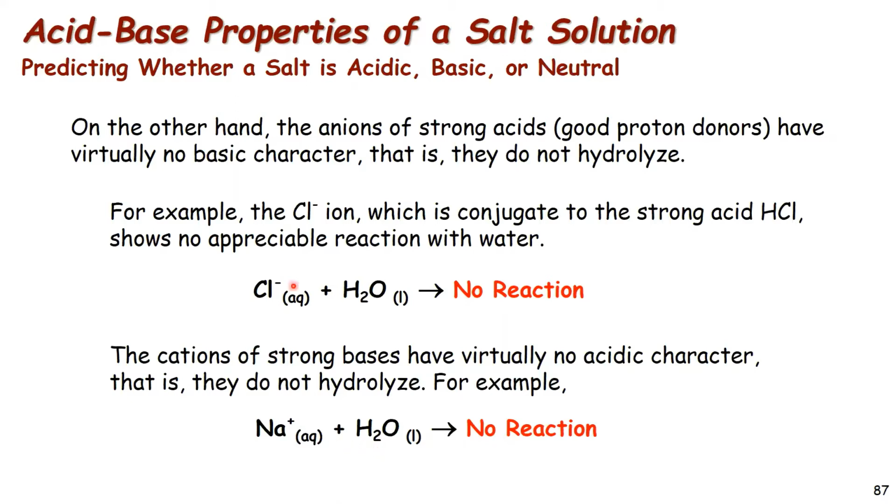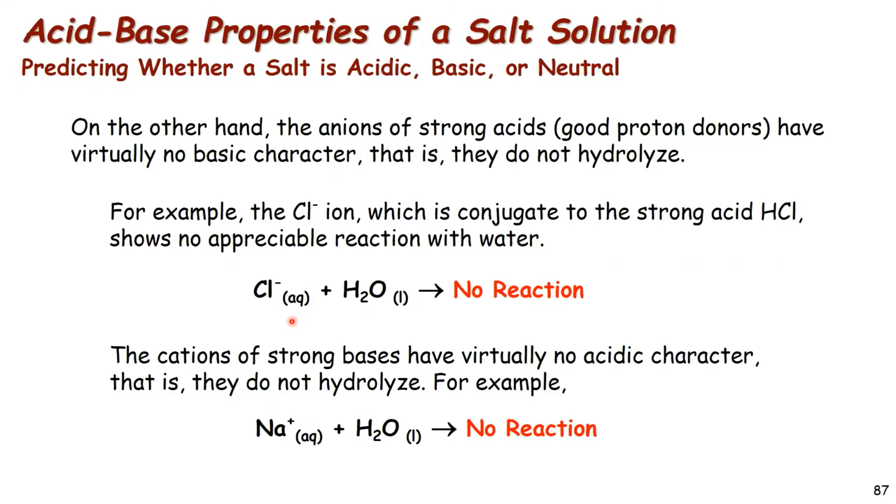So there's only 6 anions that won't hydrolyze: the chloride ion, the bromide ion, the iodide ion, the nitrate ion, the perchlorate ion, and the hydrogen sulfate ion. So those are the only 6 anions that won't hydrolyze. All the other anions will hydrolyze.